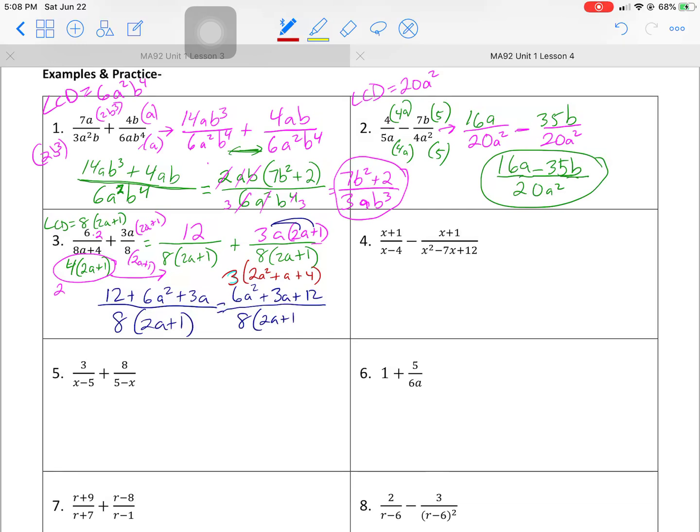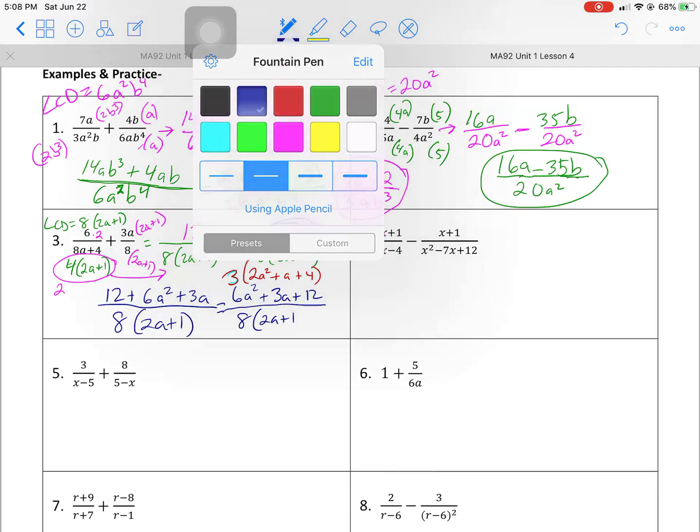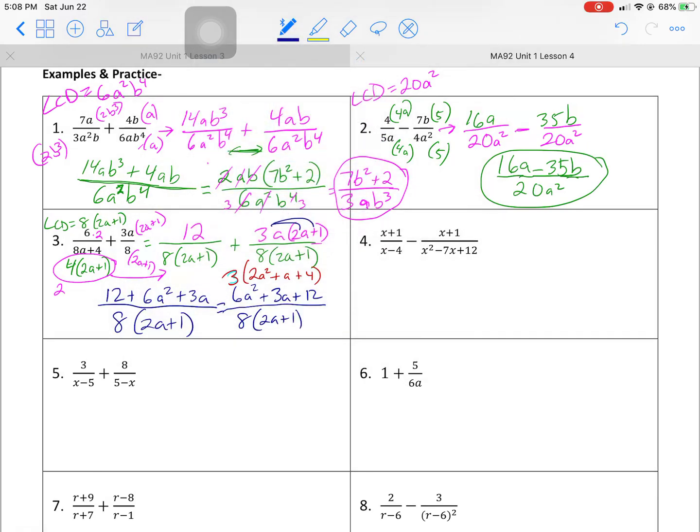I don't know if that's going to factor. I don't think so. I need to check though, because what if it's an a plus 1? It would be able to be reduced. And 3 doesn't come out either. So let me check over here for a minute. 2a squared plus a plus 4. Does that factor? I need to know. 2a plus.